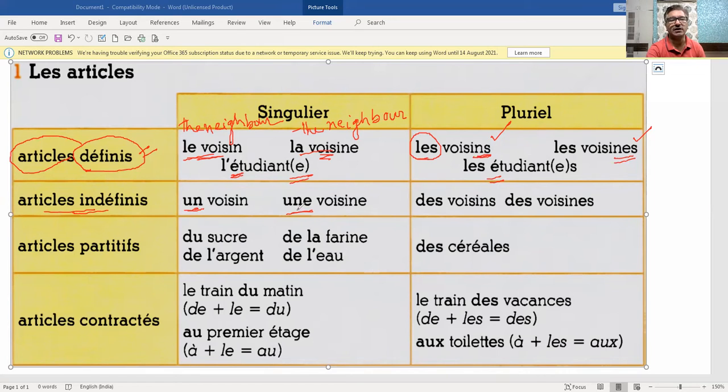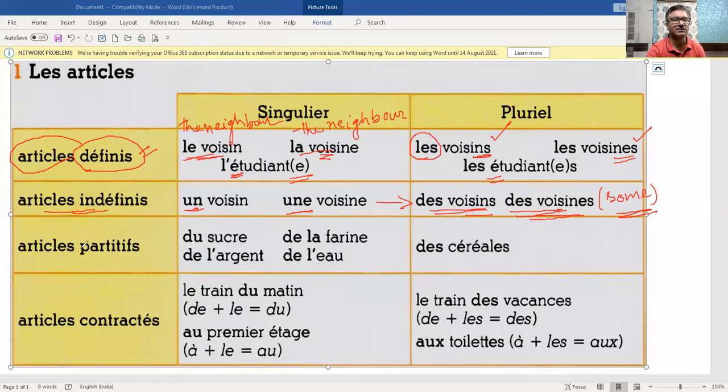And this un and une in plural form becomes des. Des voisins, des voisines. You can say, broadly speaking, it means some, but not exactly, but broadly you can say that it can be equated to some neighbors, masculine, some neighbors, feminine.